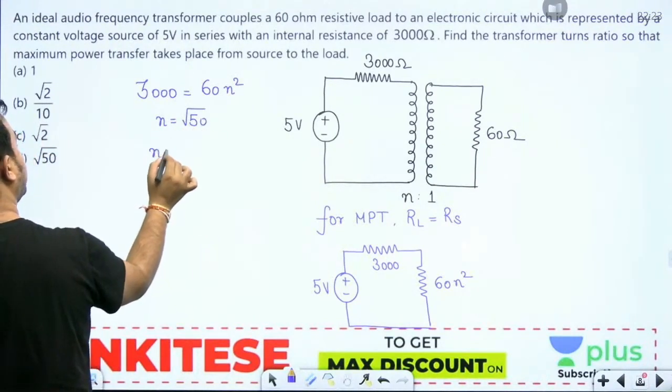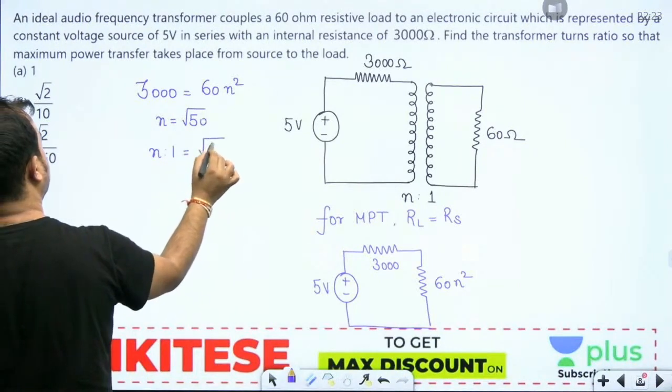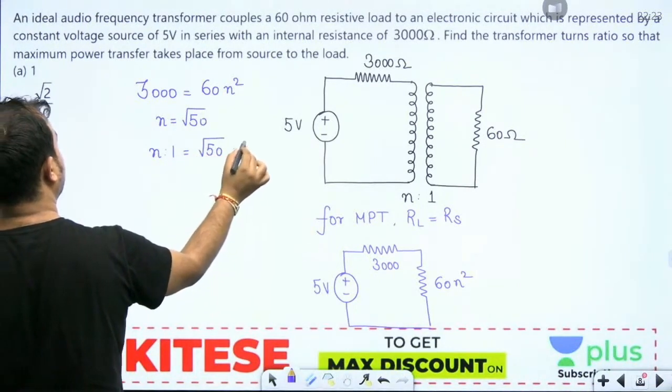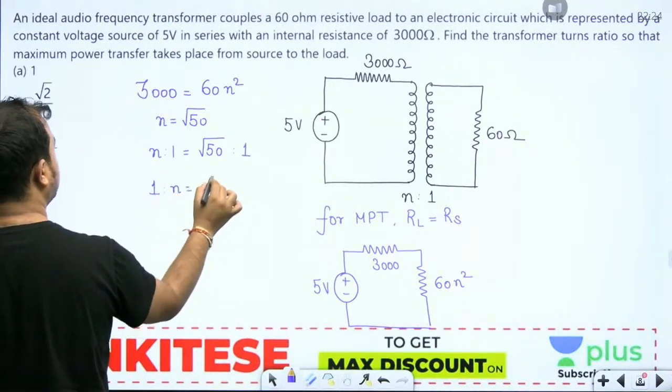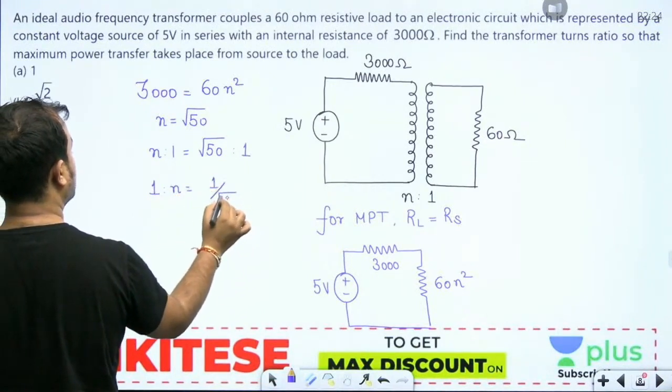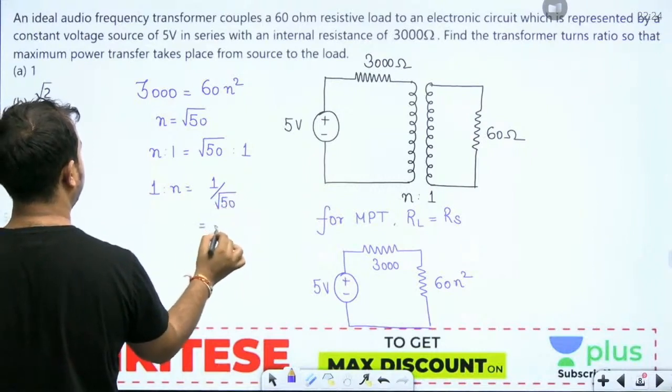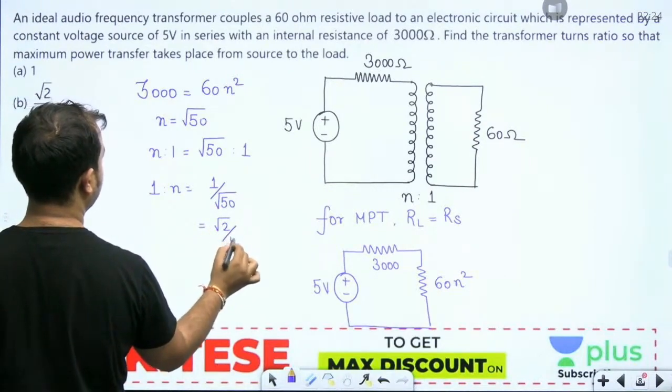That is, n is to 1 is root 50 is to 1. But the ratio can also be taken as opposite, in which case it will be root 2 by 10.